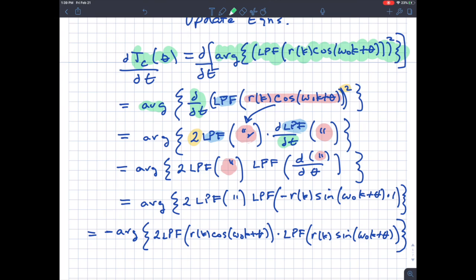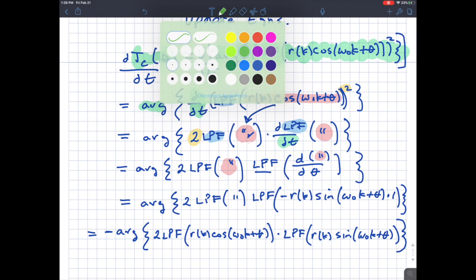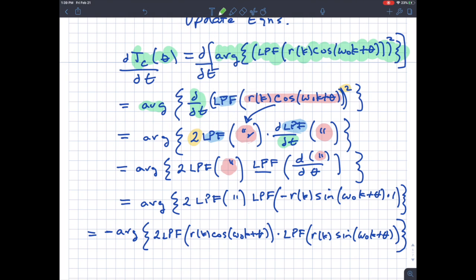You notice here we're going to low-pass filter second, and then take the derivative of the stuff in the bracket here. So I'm now looking at the derivative of the stuff highlighted in pink, which is up here. When I go down to the next step, I have my low-pass filter showing up, and then this derivative: R of k is a constant, it doesn't depend on theta.